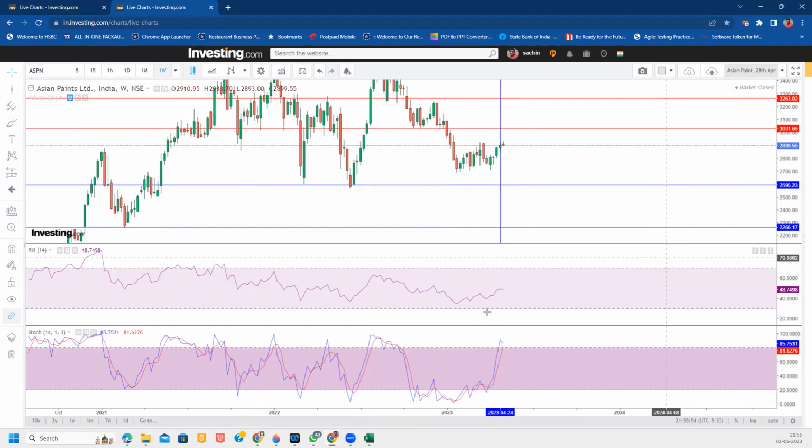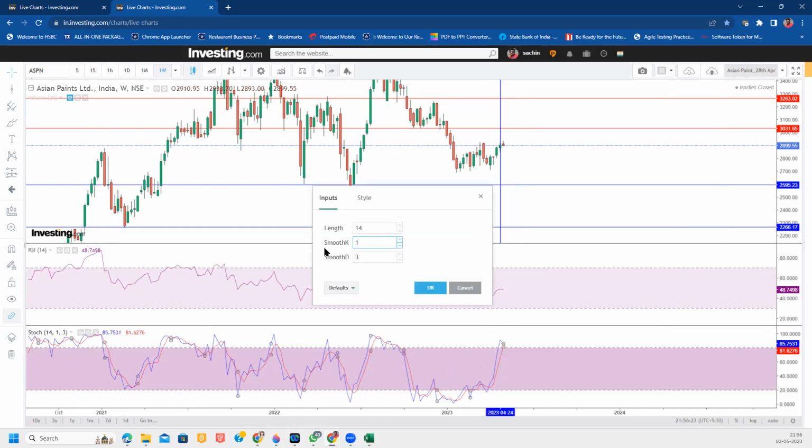The higher the value of RSI, maybe above 50, then 55, 60, it shows that it is having a strong push. A strong push means it is a strong bull market, and there are high chances that price will keep on going up. I'll just make the stochastic a little smoother.